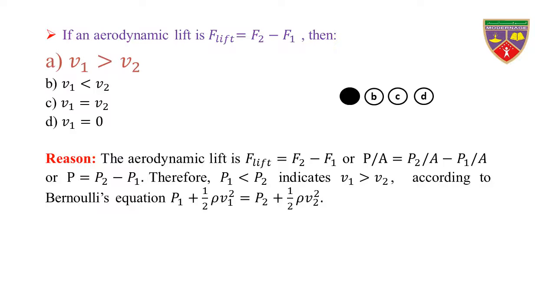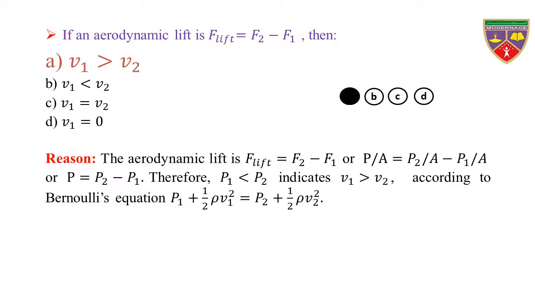Reason: the aerodynamic lift is equal to F2 minus F1, or P divided by A is equal to P2 divided by A minus P1 divided by A, or P is equal to P2 minus P1. Therefore, P1 is less than P2.